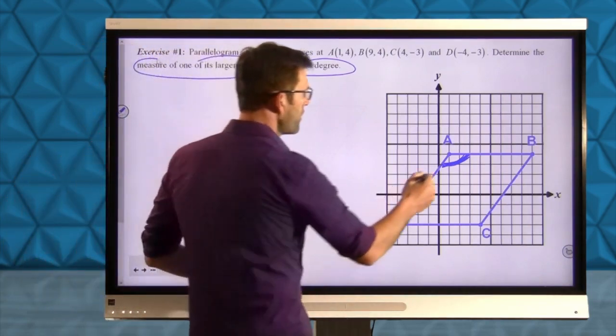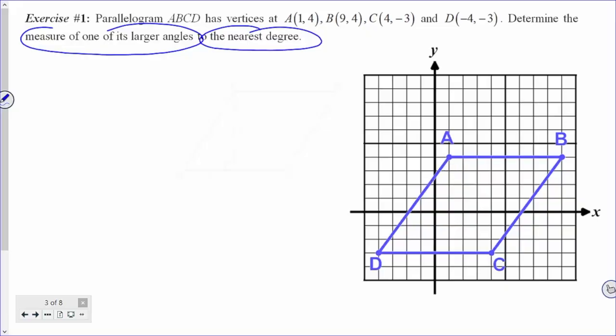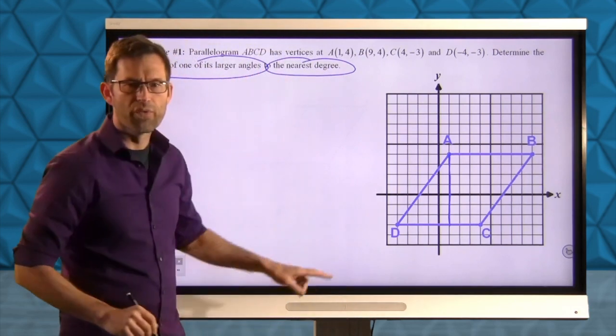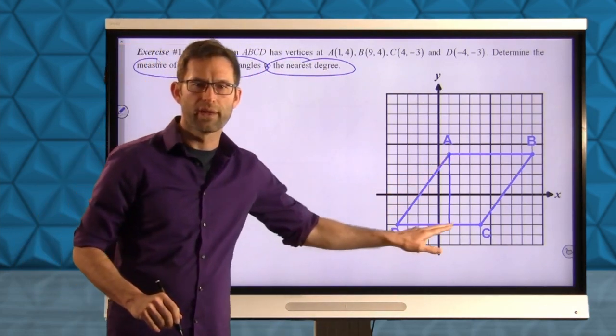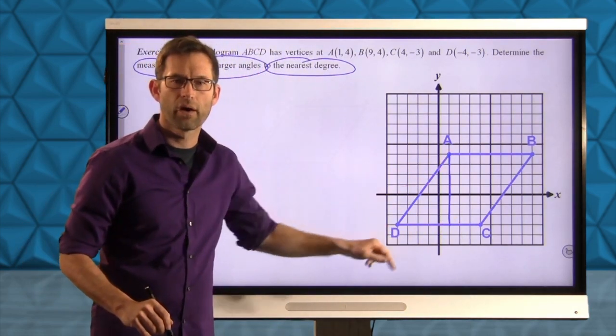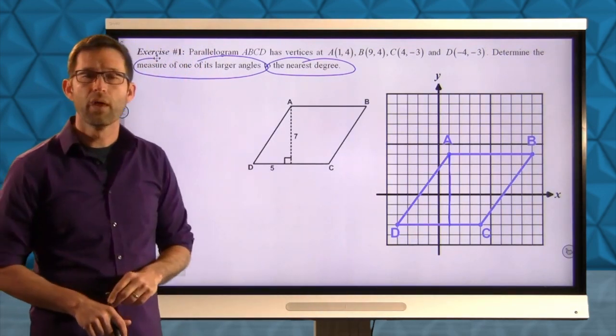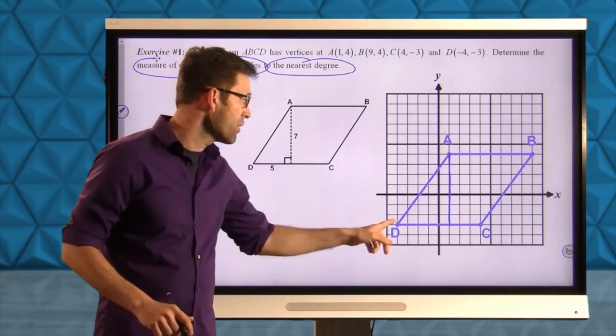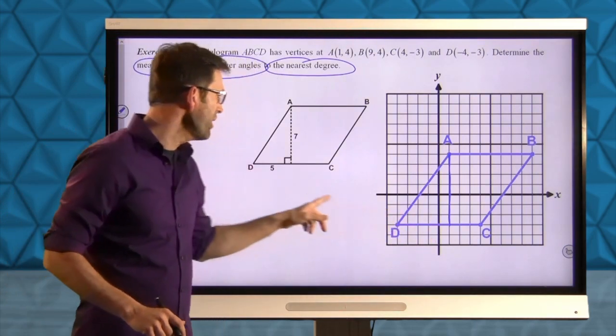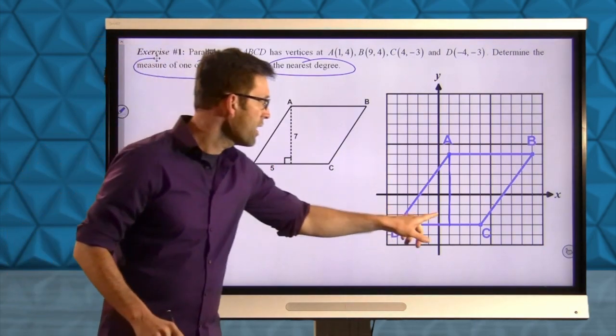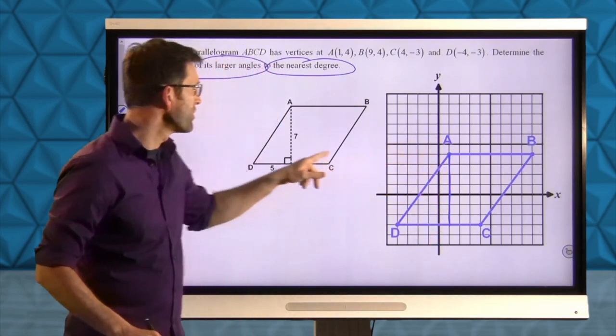For a moment, I'm going to get rid of all this mess, and I'm going to draw this right triangle in, the one that goes like this. I have it reproduced right there, because I can easily just use counting and go 1, 2, 3, 4, 5, and 1, 2, 3, 4, 5, 6, 7.